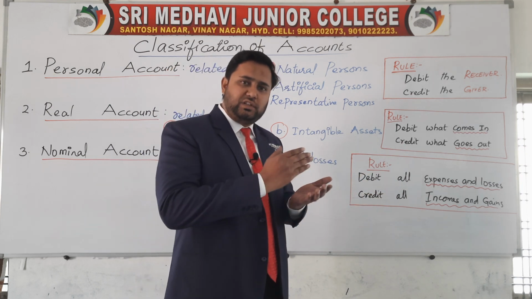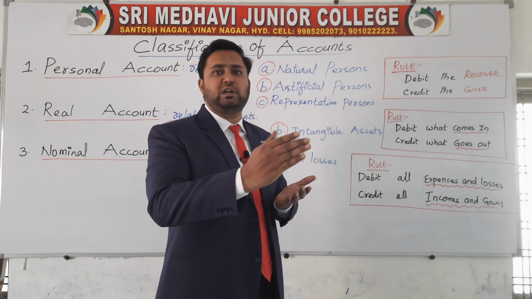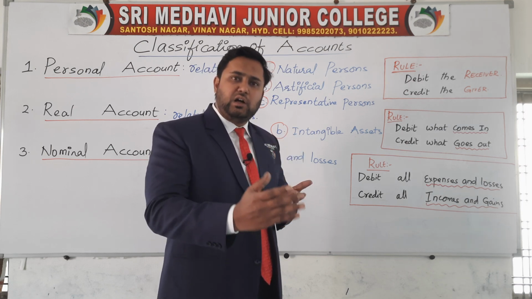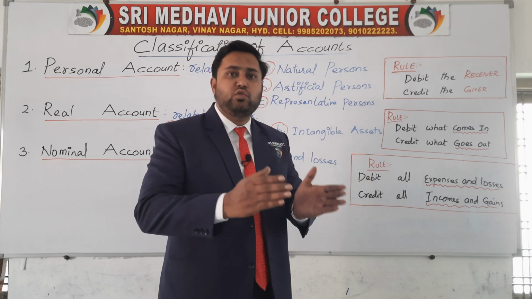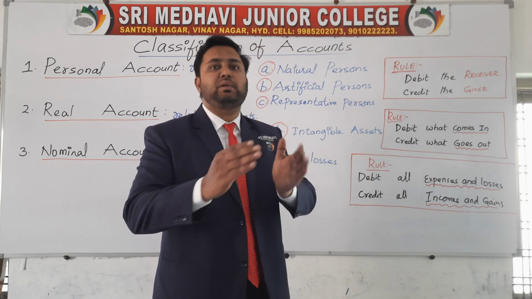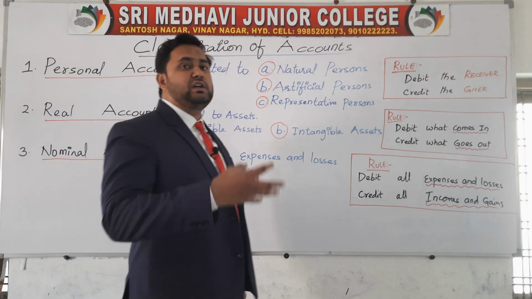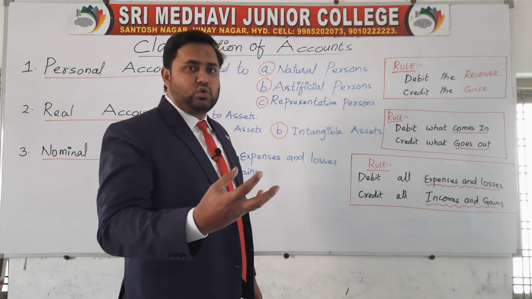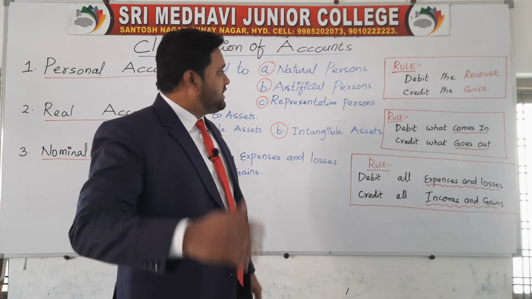Ram account, Rahim account, Shakil account, Lakshmi account, Alia account and Priyanka account are all personal accounts related to natural persons. Ramesh is a person, so he is a natural person. You can say Ramesh account is a personal account.